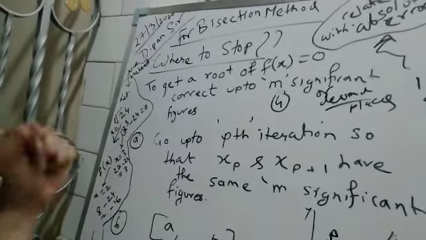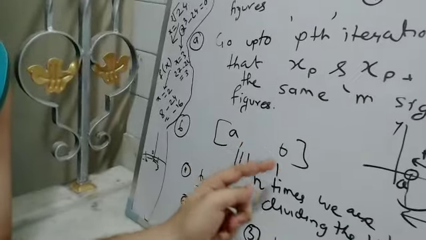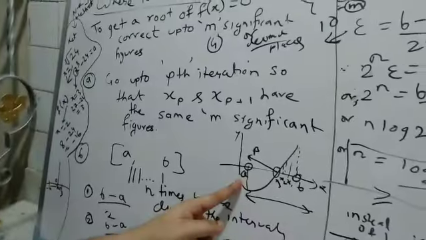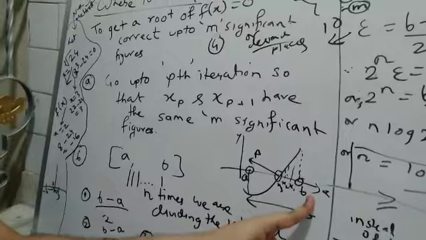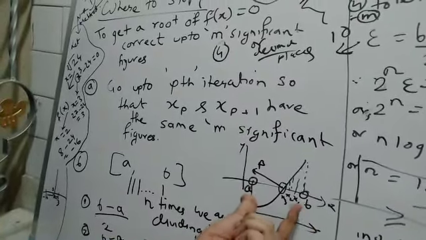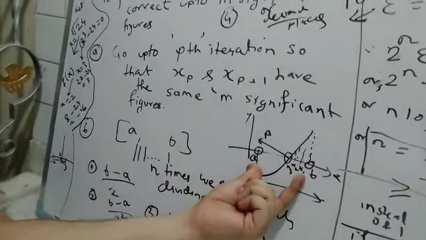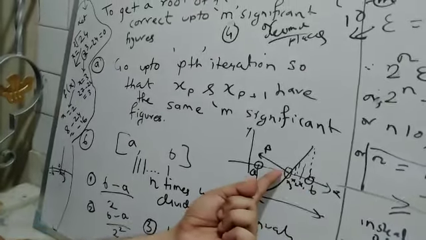Fine. Another way is, see, basically your starting interval is a to b, right? This is your a to b, this is the gap, and you are trying to reach here.